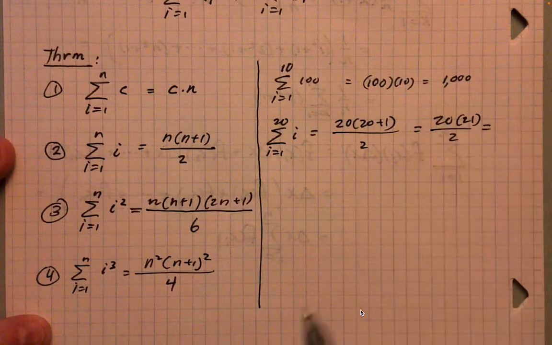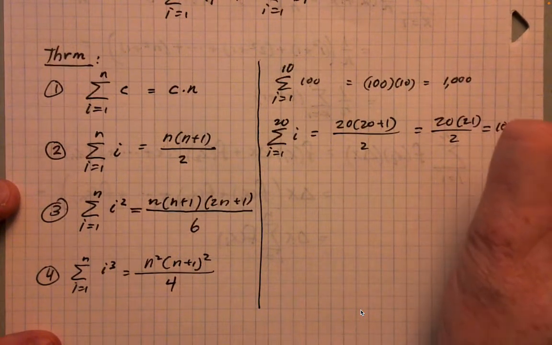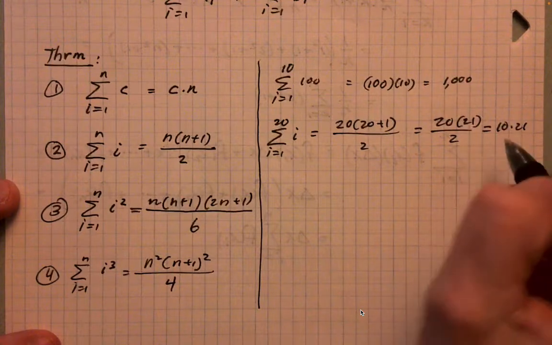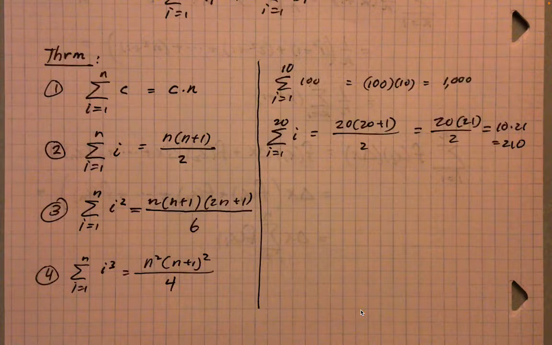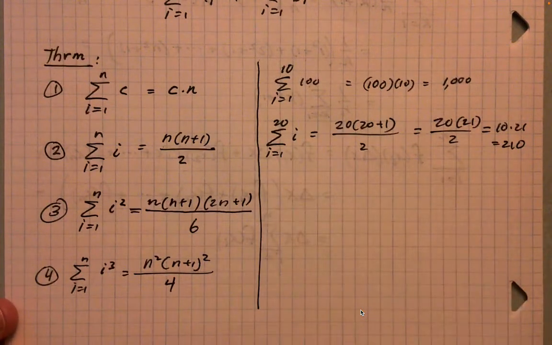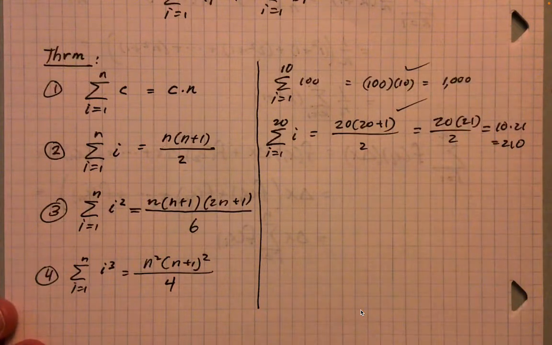And of course you could multiply that together and figure out what that is. Well, I guess it's obvious that it's 210. So 1 plus 2 plus 3 plus 4 up to plus 20 is 210. You can confirm that. And so this is just a nice formula to get you to that finish line really quickly.